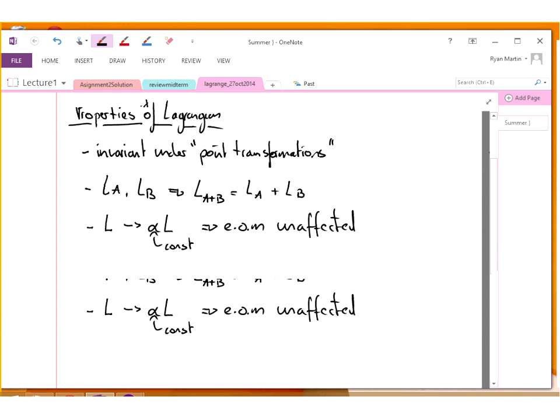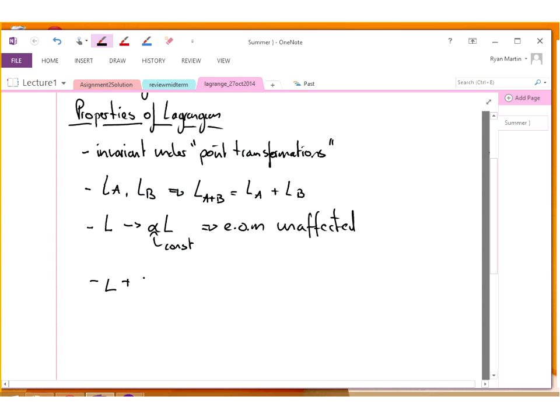We also saw that if you add a total time derivative to L, the equations of motion are also unchanged.